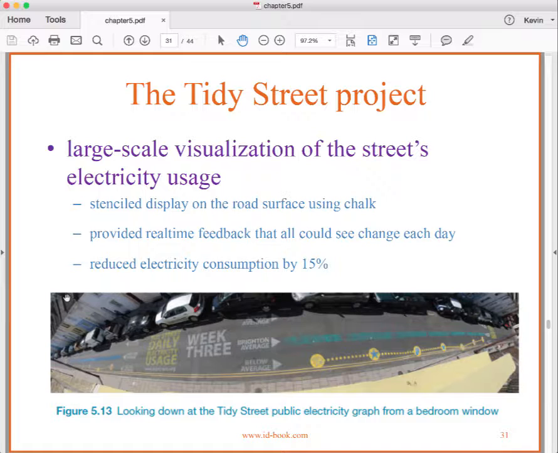And they think that they got people to reduce their consumption by 15%, which for this kind of a study was a whole lot. Now, I don't know how you could do this. It probably wouldn't work quite so well if this was a rainy climate, because the chalk wouldn't stay long enough, right? But still, interesting idea.